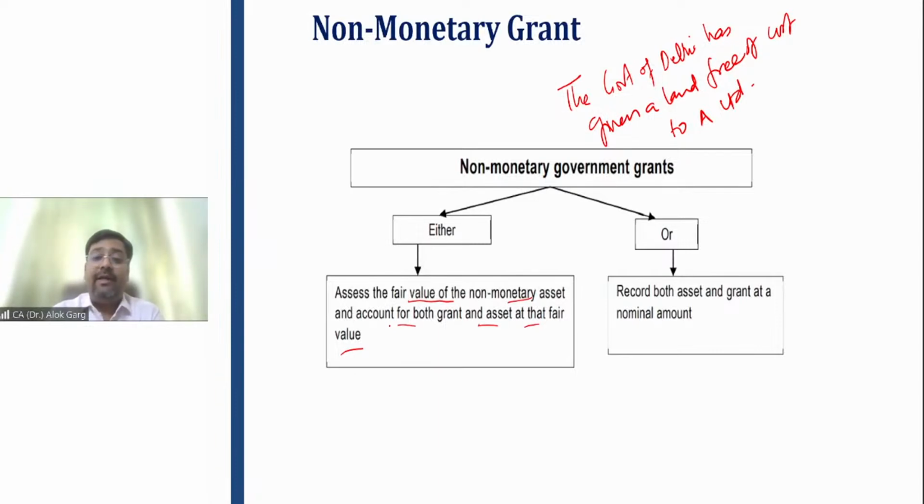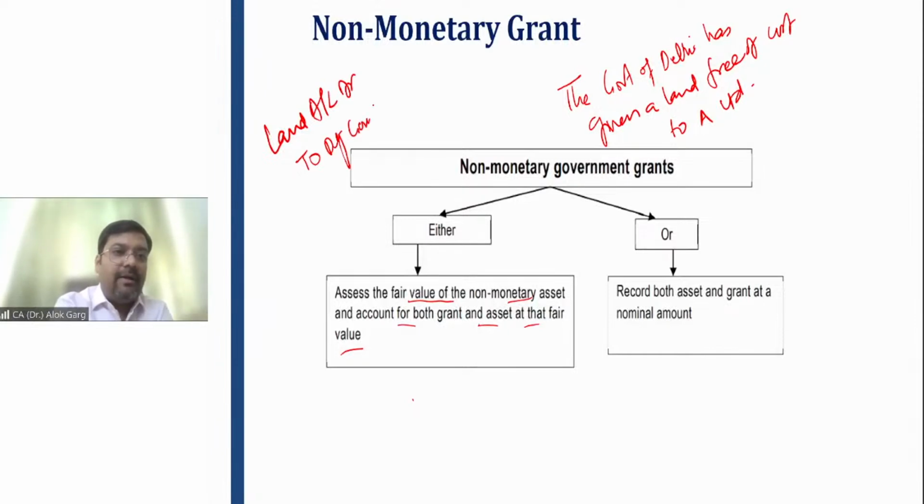So what will be the accounting entry? Land account debit to deferred government grant liability. For example, the fair value is 1 crore. So land account debit asset 1 crore to deferred government grant 1 crore.